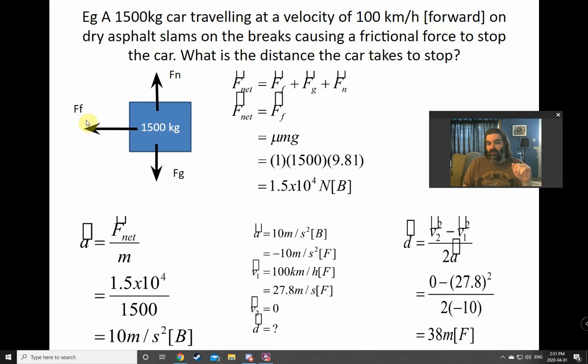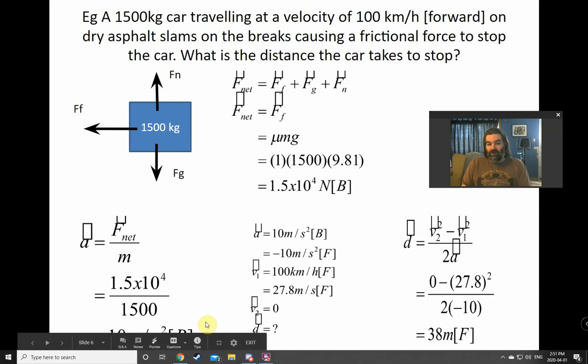All your acceleration is going to be horizontal because that's just what happens when you hit the brakes in a car. So the net force is the force of friction. We can find the force of friction from mu times Fn. In this case, Fn will be Fg because it's not on a slant. There are no other vertical forces to cancel. We find the force of friction. That's our net force. We plug that into acceleration is F net over m. Find what our acceleration of the car is.